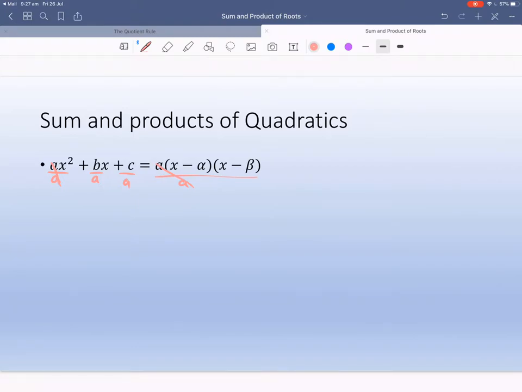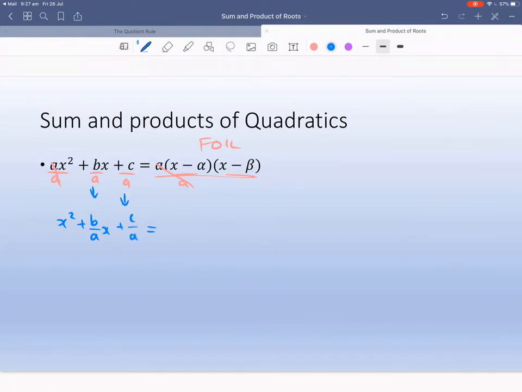Now, the next thing I'm going to do is FOIL this side here, so expand these two brackets. So what am I left with? I'm going to get x squared by itself, which is really good, plus b over a x, which just comes down from there, plus c over a.